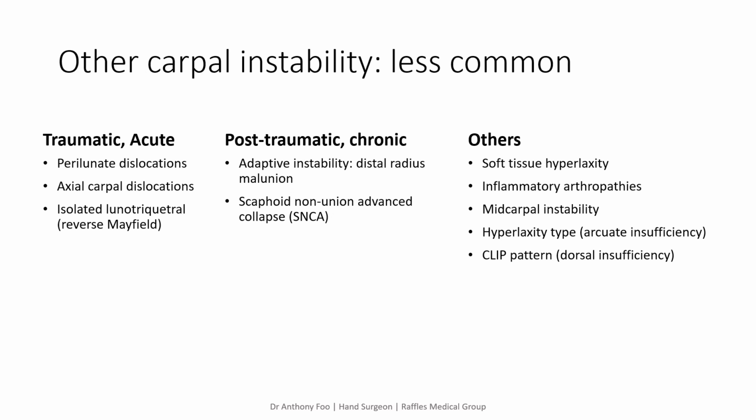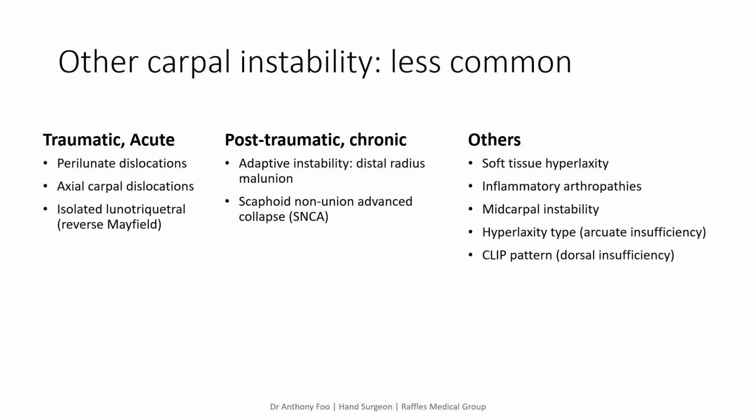But that would represent about 90 to 95% of the clinical cases you might see. The other 5 to 10% of carpal instability conditions would be due to acute traumatic events, such as perilunate dislocations or axial carpal dislocations, chronic post-traumatic conditions such as adaptive instability caused by distal radius malunion or scaphoid nonunion advanced collapse.